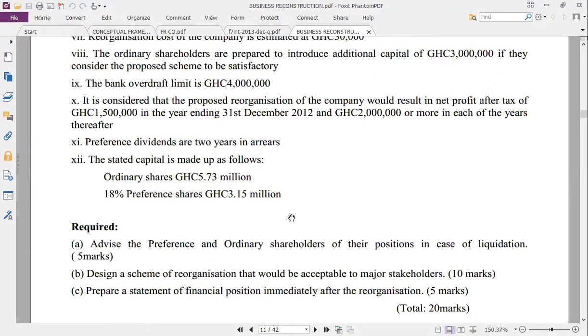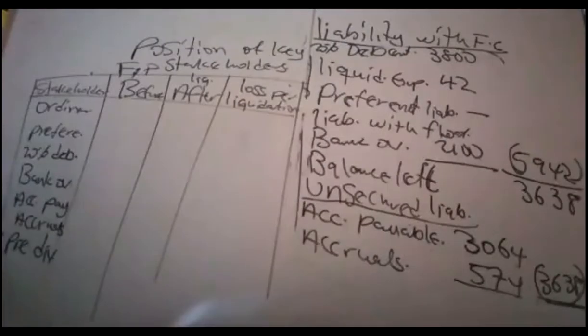They say that preference dividend is 2 years in arrears. The stated capital is made up of the following: ordinary shares 5,730, preference share 3,150. Great.